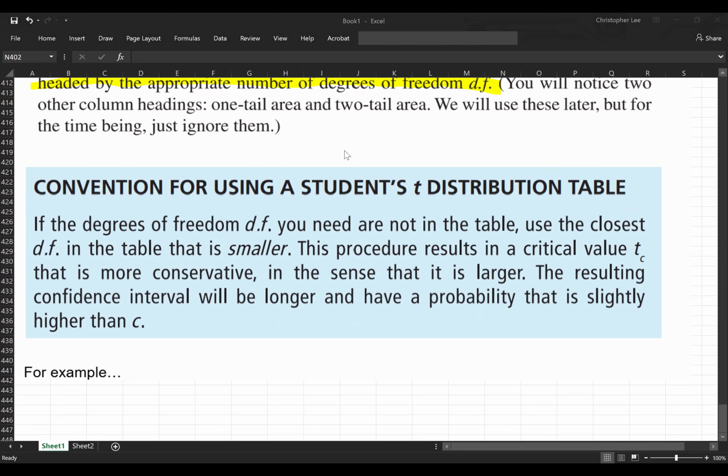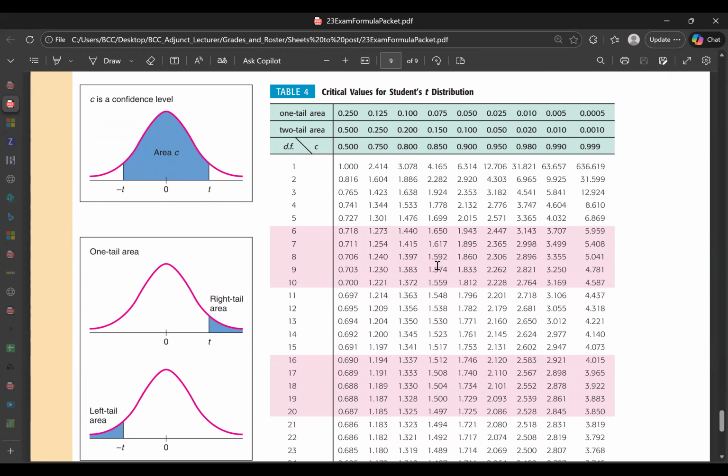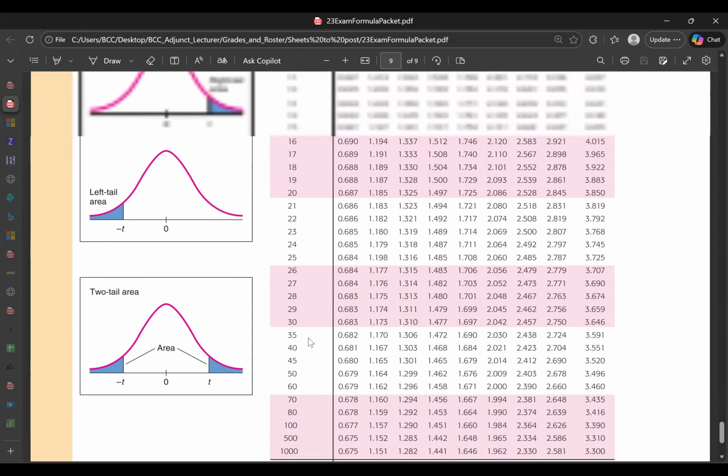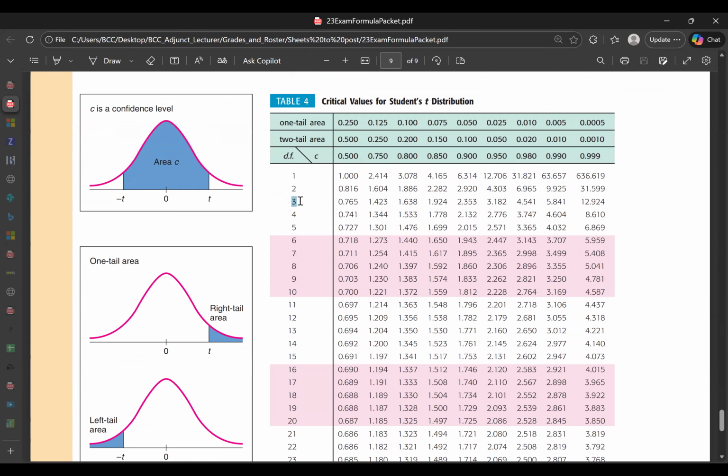So I take out my formula sheet, right? This is what I'm talking about. You see this table right here? This is the last sheet on your formula sheet, Table 4, right? You see where it says df? Right here, you see the df right here? These are your degrees of freedom going straight down. Then, this is degrees of freedom 3, and this is degrees of freedom 5, right?